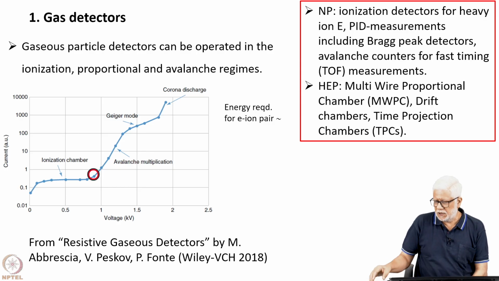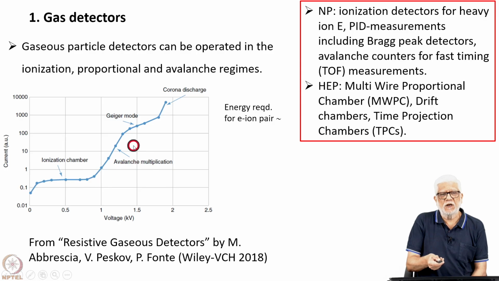So, you can get a multiplication of the primary ionization. Thus, in a certain domain, it will be proportional to the initial primary ionization. The gain depends on the voltage that is applied. So, this is the so-called proportional regime where you have multiplication.